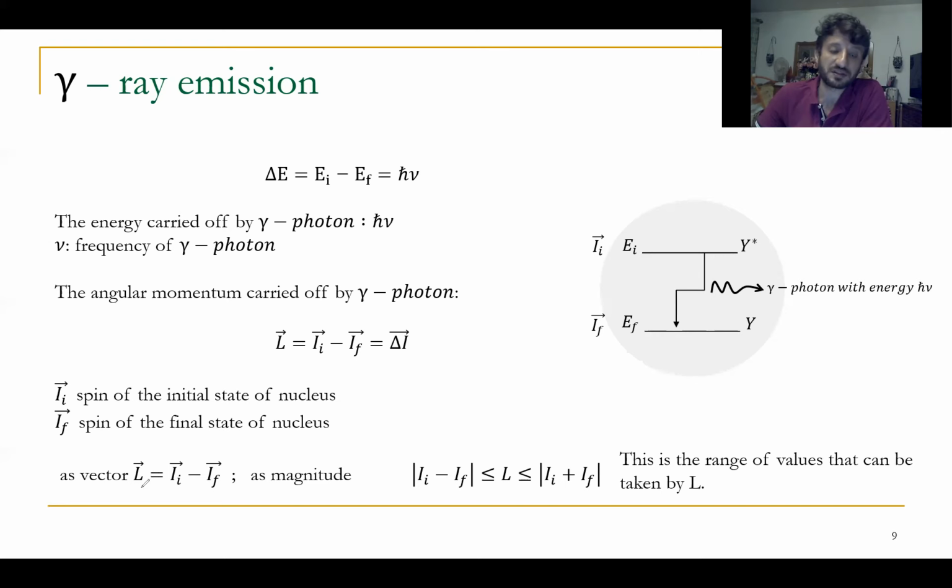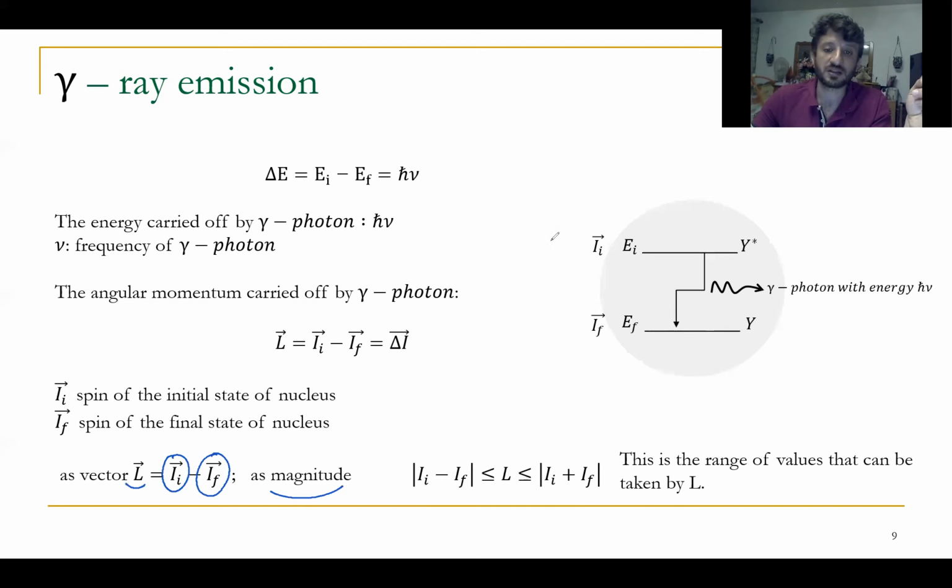As a vector quantity, L equals I initial minus I final. As a magnitude, L has a range between the absolute value of I initial minus I final and the absolute value of I initial plus I final. What I mean by this, I take an example.